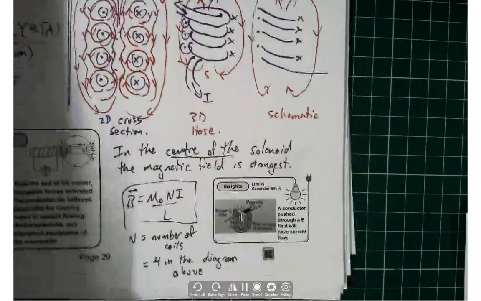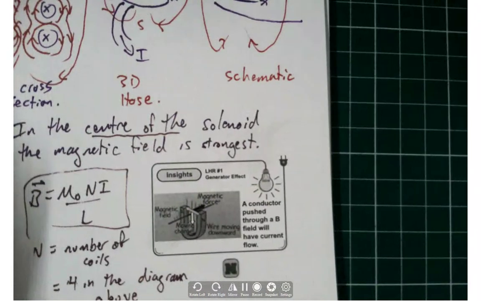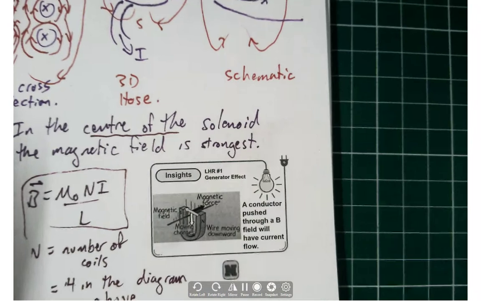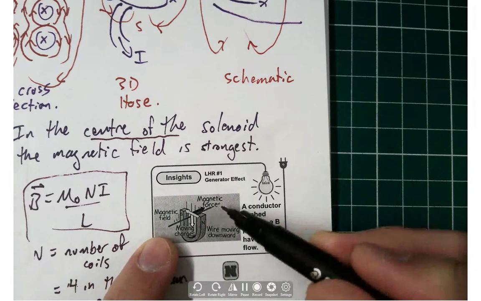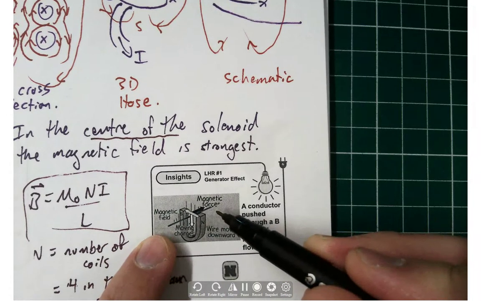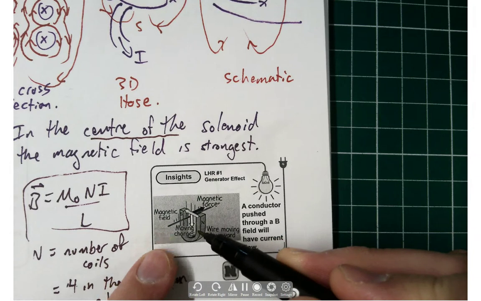Now, there's a little info box down in the bottom right-hand corner, a quick little insight. I've mentioned a few times in the past week or so, Newton's third law still sort of being in play. It turns out that if I run a current through a magnetic field, then the current vector and the magnetic field vector will produce a force vector.